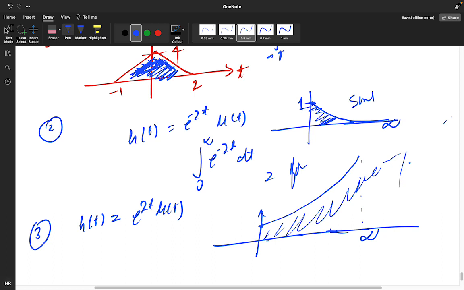Infinite area will come. No finite area is coming. Unstable. Correct? Is this clear, guys? Yeah, sure. Okay.